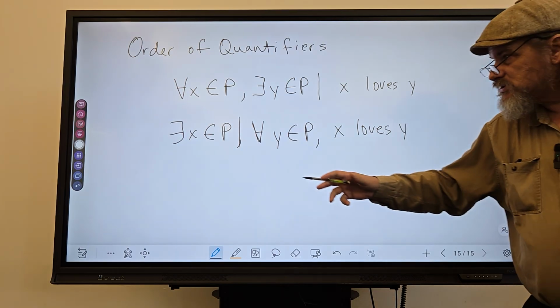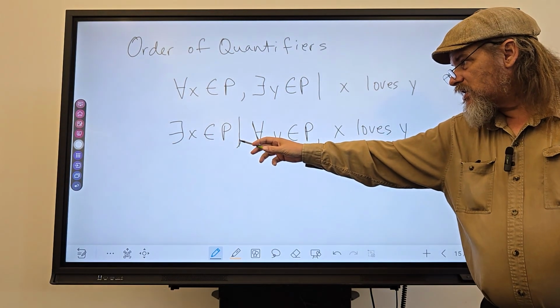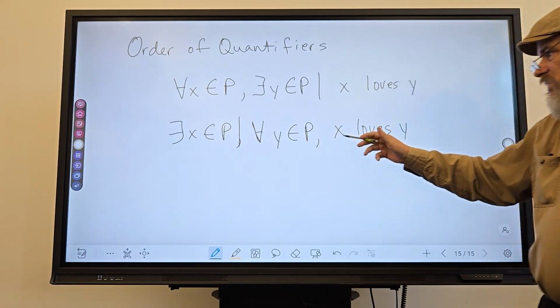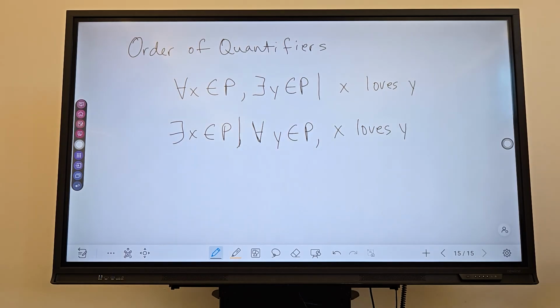The second statement: there exists an x in P such that for all y in P, x loves y. So there exists a person that everybody loves. Two statements with totally different meanings, just because the quantifiers are flipped. So the order of quantifiers is very important.